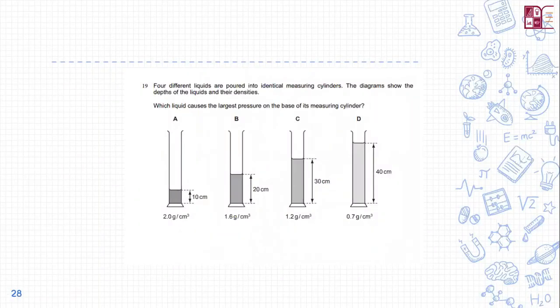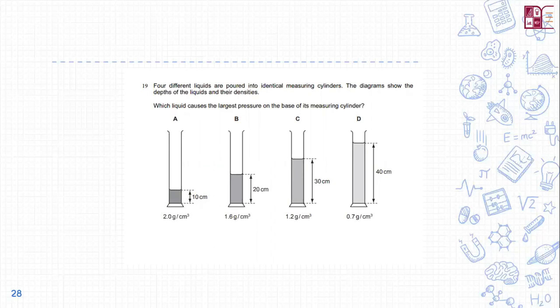4 different liquids are poured into identical measuring cylinders. The diagrams show the depth of the liquid and their densities. Which liquid causes the largest pressure on the base of its measuring cylinder? All right, so rho GH will remain the same. You've got different heights and you've got different densities here.